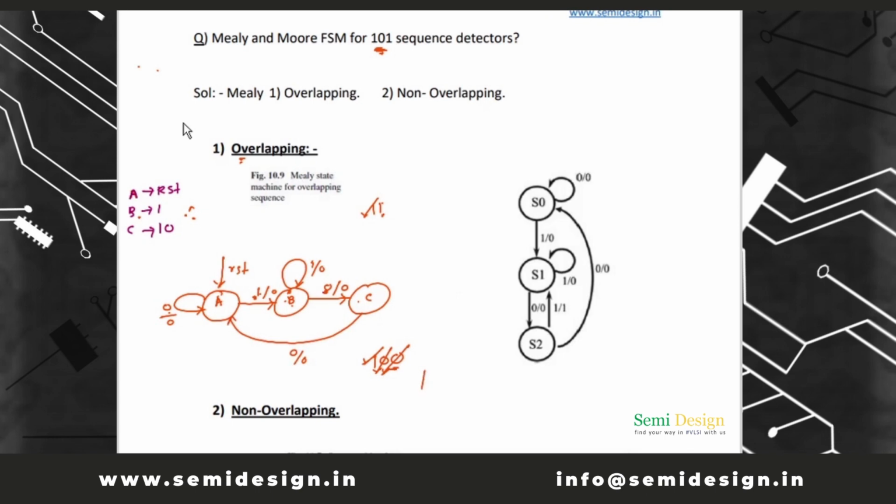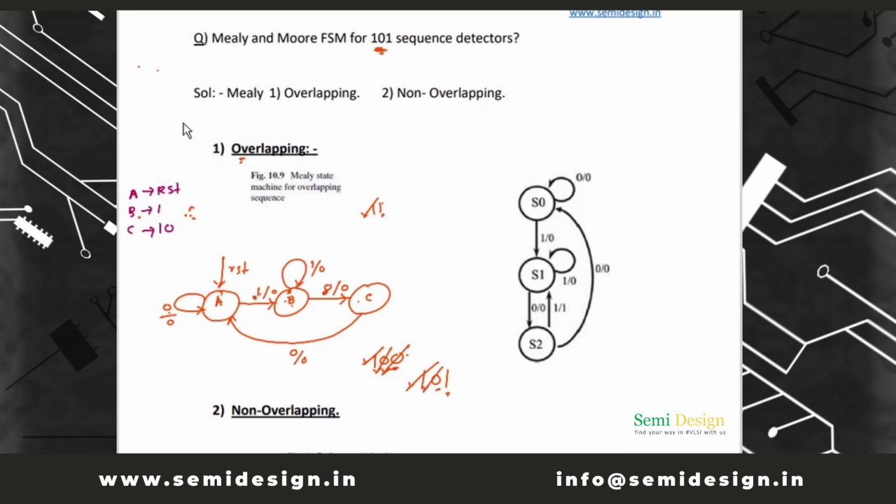Similarly, take 1 0, this 1 and this 0, and take 1 because previously we have taken 0, right? Now sequence is detected, the output will be 1 definitely. Now discard this first bit, compare this 0 1 with this table. 0 1 is not there. Discard this 0. Now compare, 1 is here.